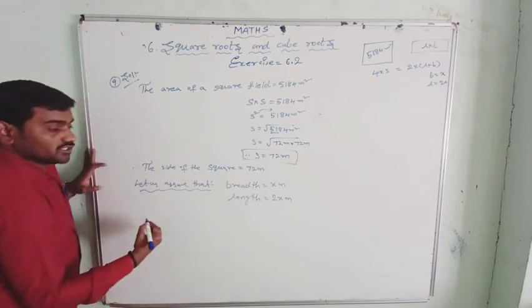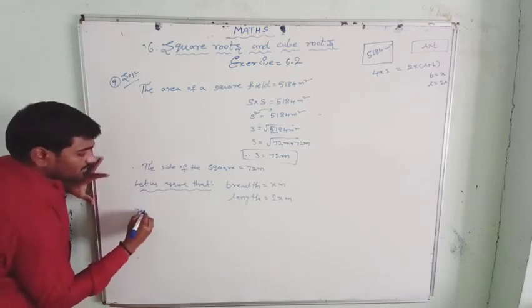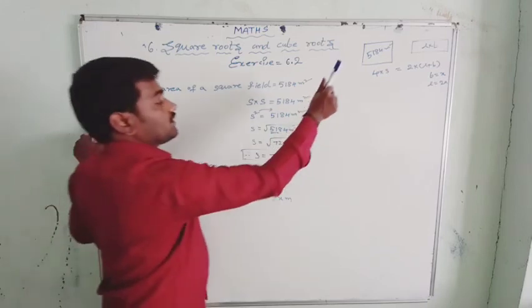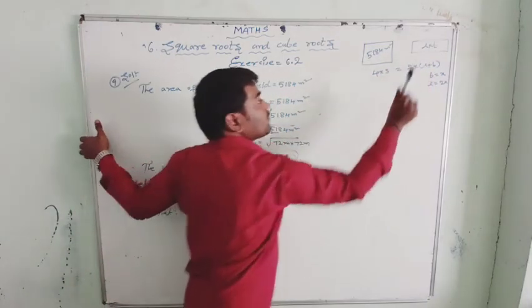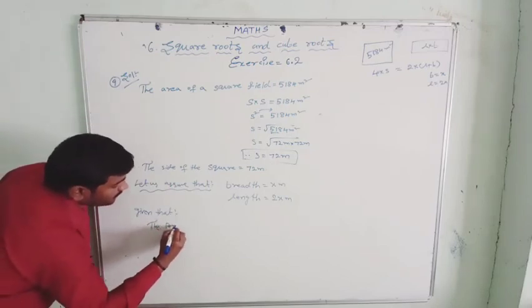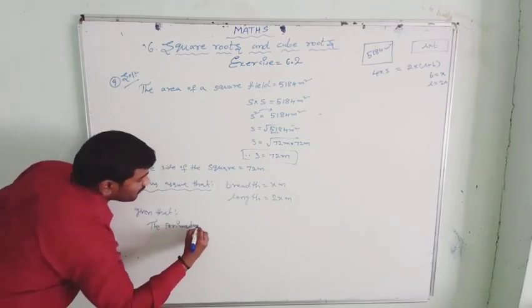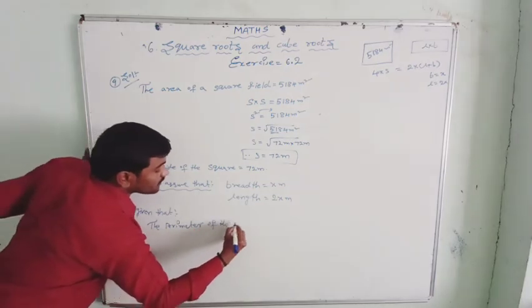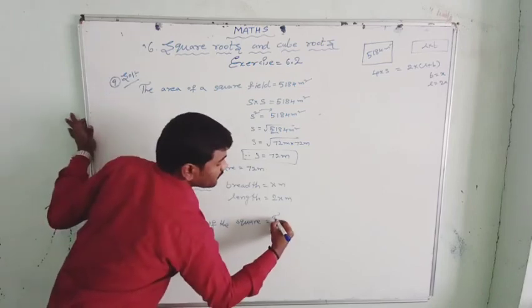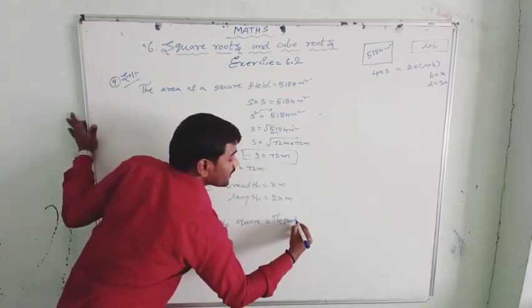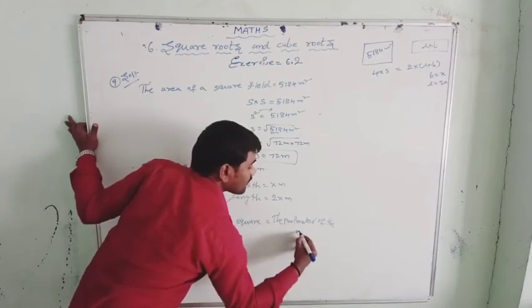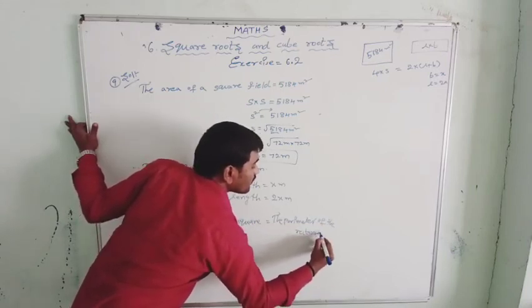From the given question, we make the perimeters equal. The perimeter of the square is equal to the perimeter of the rectangle.